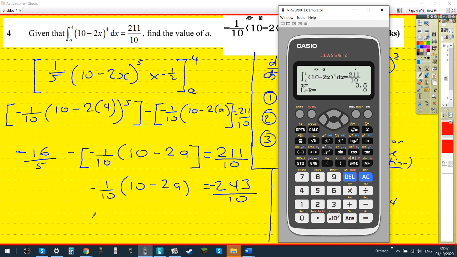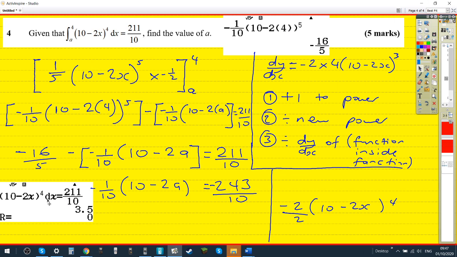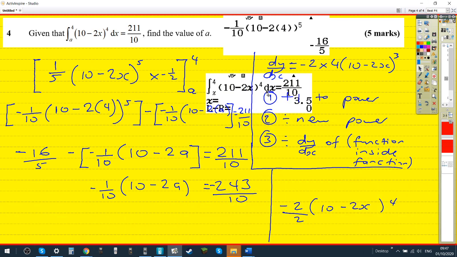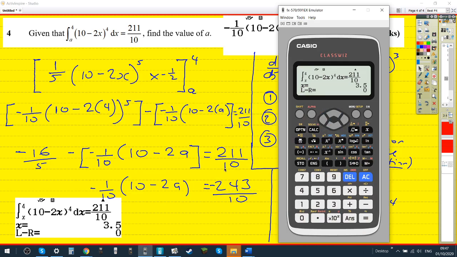Minus 116.5. I'm getting 3.5. I just put in minus a tenth times 10 minus 2x equals minus 243 over 10. Do you have it in brackets and stuff? Yeah. No, something's very wrong.